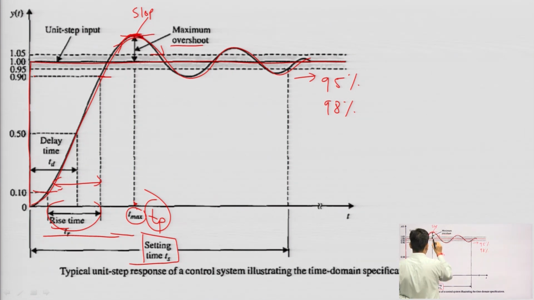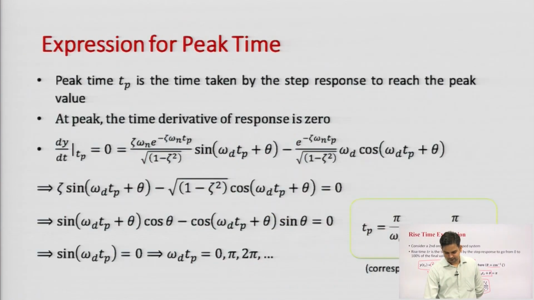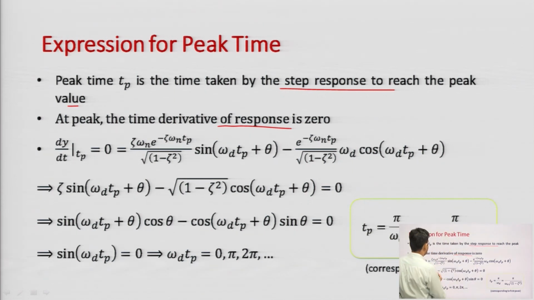At this instant I will get the maximum value of the output. This time instant would be T_p. So, my derivative dy(t)/dt would be equal to 0. This will help us in the calculation of peak time T_p. That is why I am taking the derivative of y(t) equal to 0 at time t equal to T_p. I will use the same output response that I had taken previously.